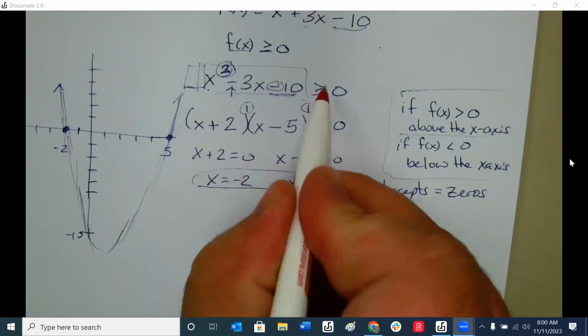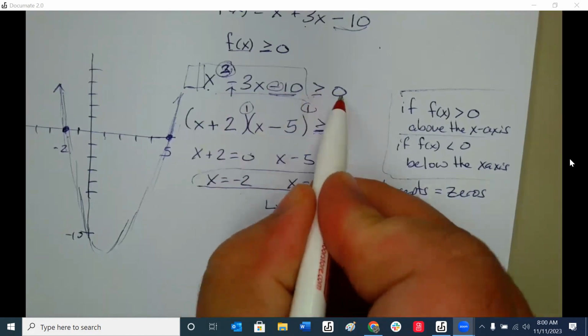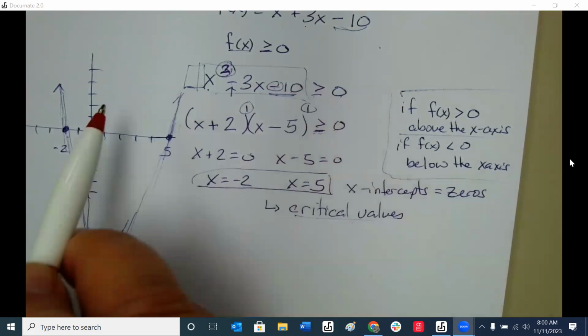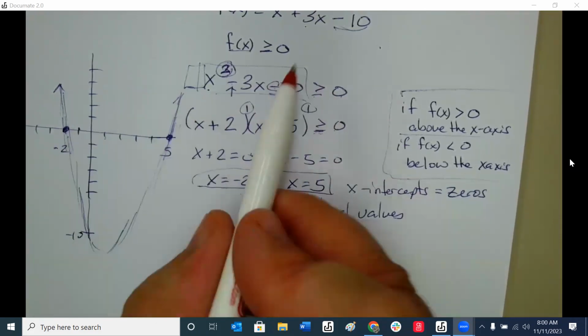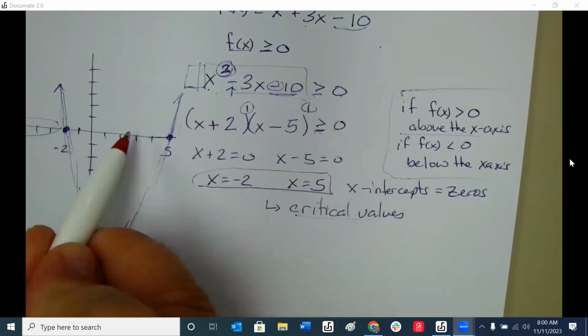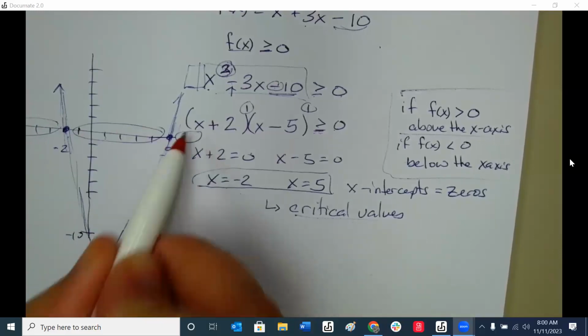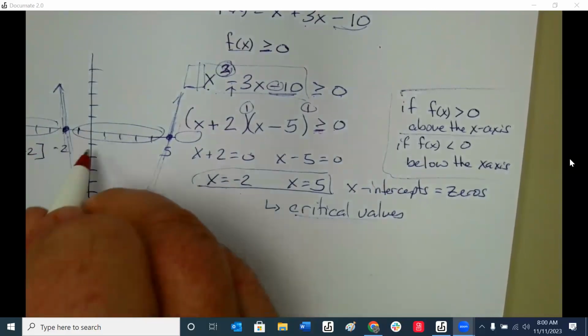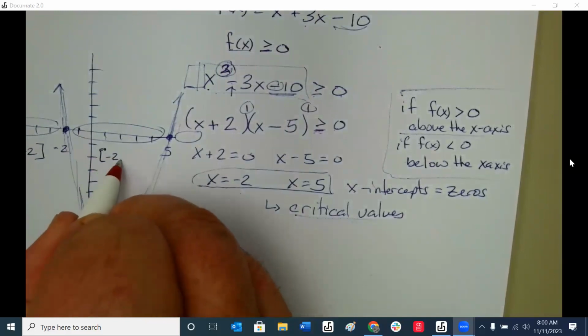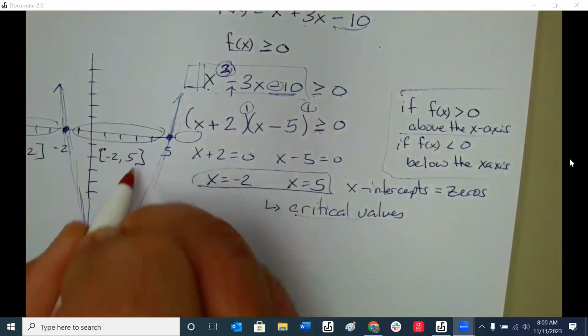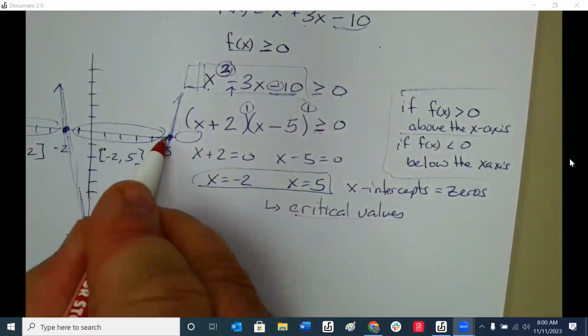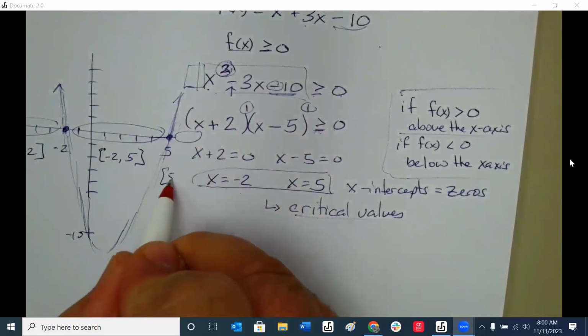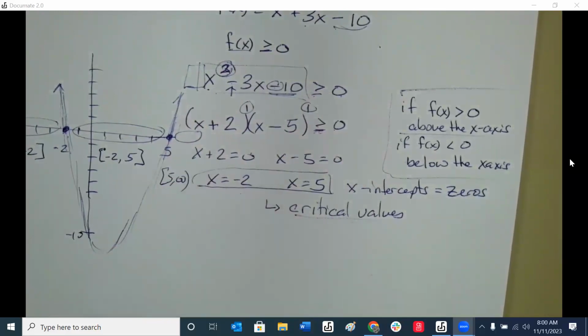Since our function is greater than or equal to 0, we want to know what part of this graph, or what intervals, because we're looking for the intervals. Is it from -infinity to -2? Because that's inclusive. Is it from -2 to 5? That's between those. Or is it from 5 to positive infinity?